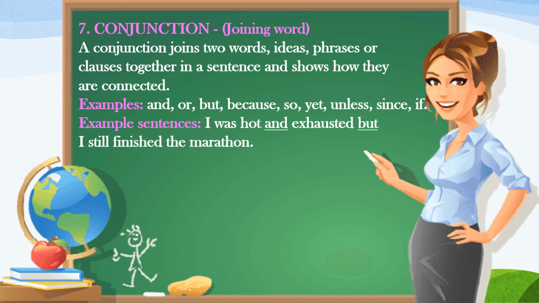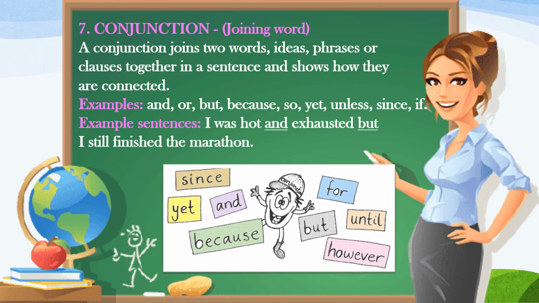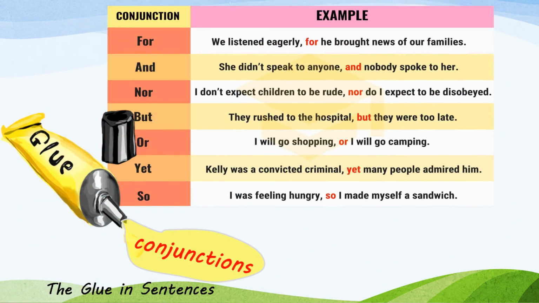The word but shows that although I was exhausted and hot, I still finished the marathon. Yes, these are some conjunctions: because, yet, and, since, but, for, until, however, etc.